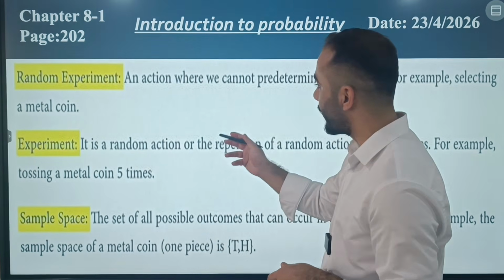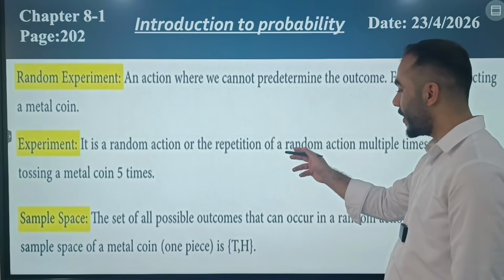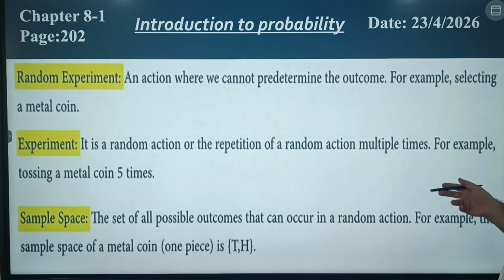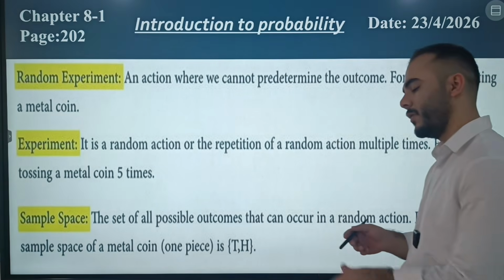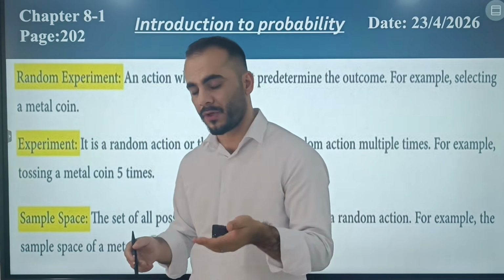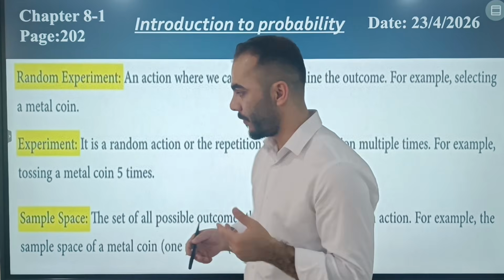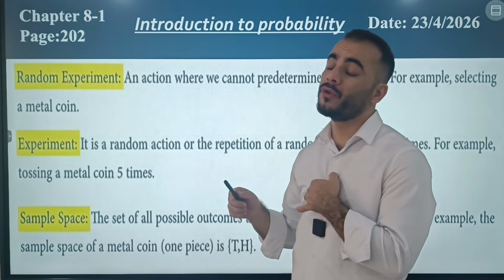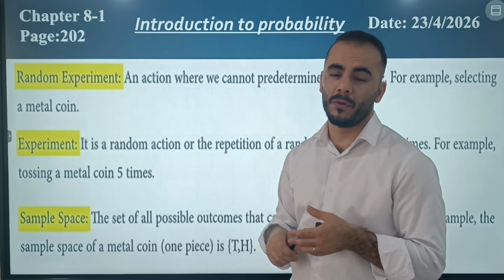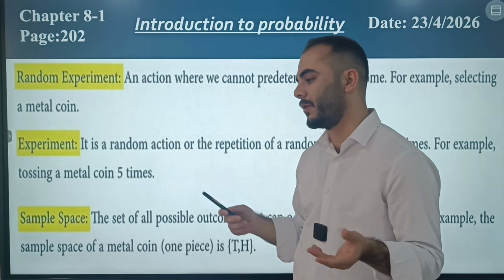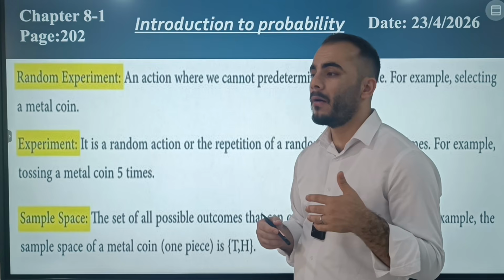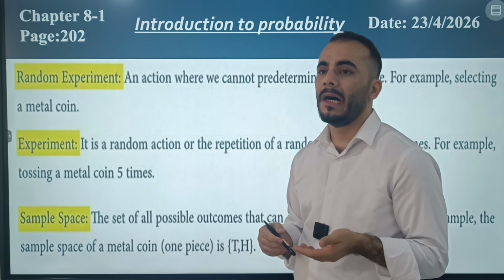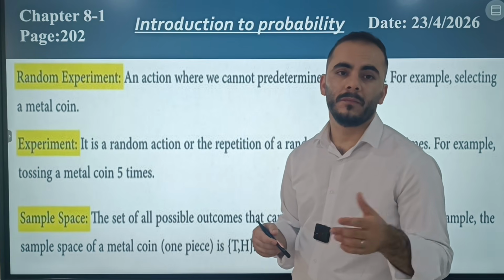As you can see, it is the repetition of a random action multiple times. For example, tossing a metal coin 5 times. When we do it more than one time, it is called an experiment. So when we do it randomly for one time, that is called a random experiment, and when it is repeated, it is called an experiment.